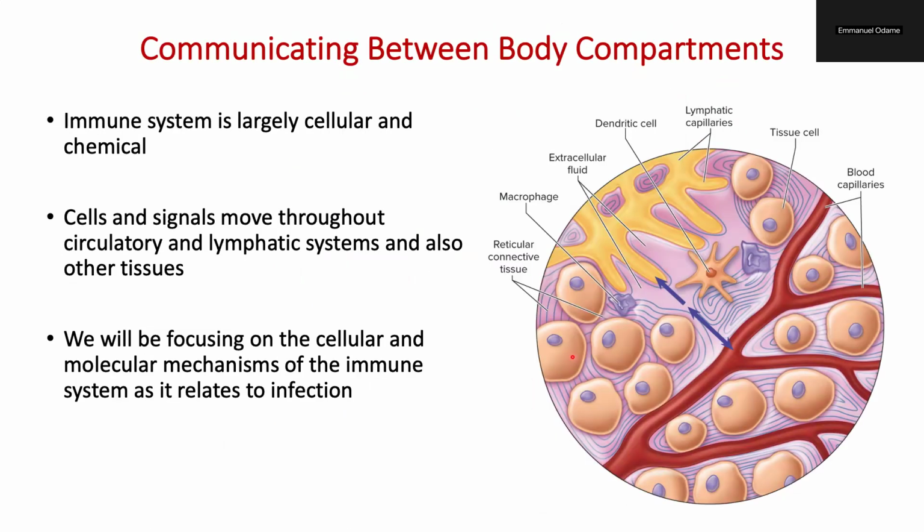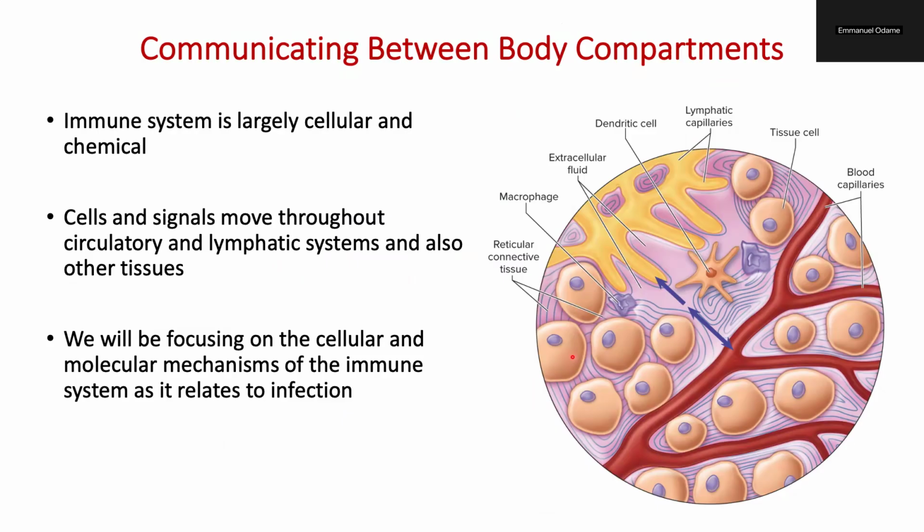Okay, so now let's move to how communication occurs between body compartments. The immune system is largely a cellular and chemical type of mechanism, containing cells and signals that move throughout your circulatory system and lymphatic system, and also within tissues.